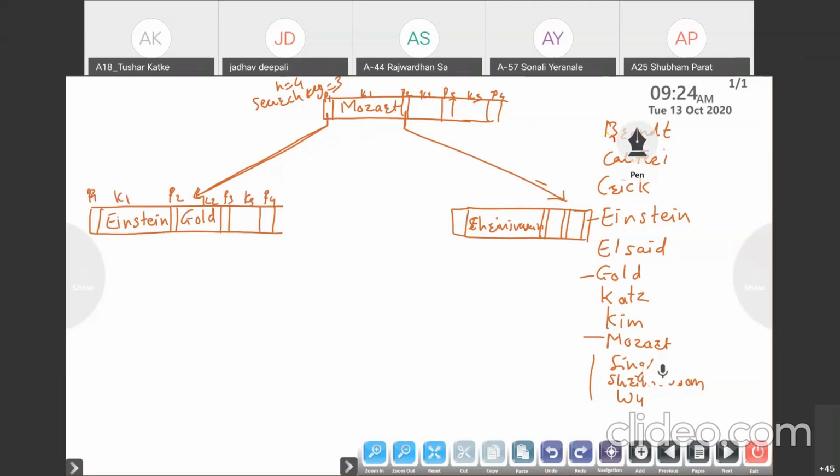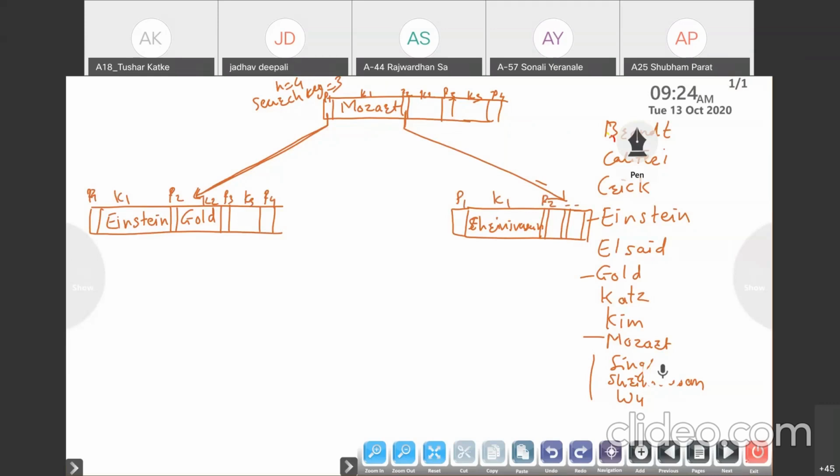In this it is P1, K1, P2, K4. Now how many are there before? There are 3, correct? Before Einstein and gold, now here only 2 are remaining.